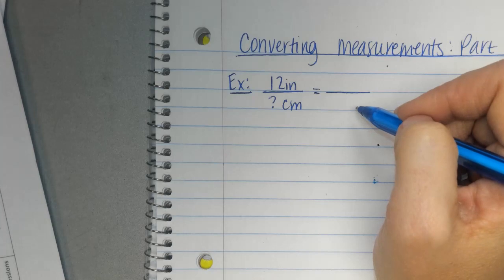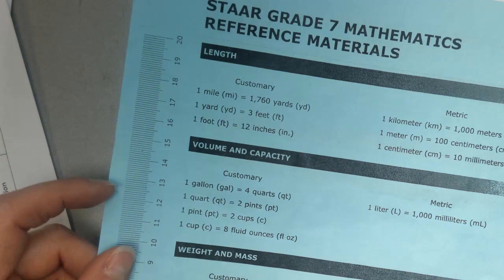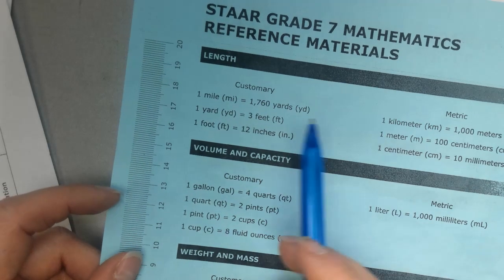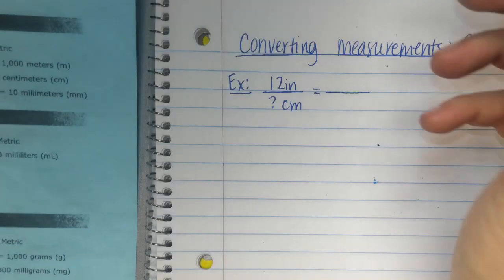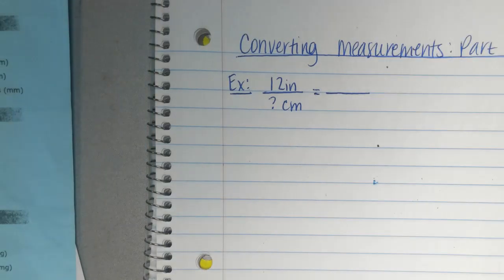And if we were to look at our reference chart here, we can see that 1 inch is 2.54 centimeters.